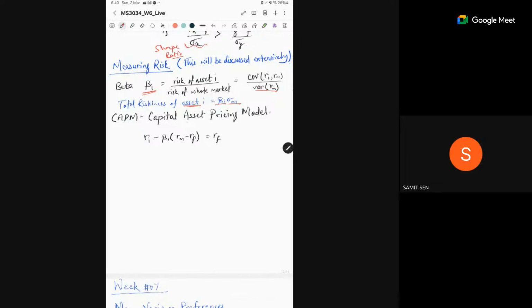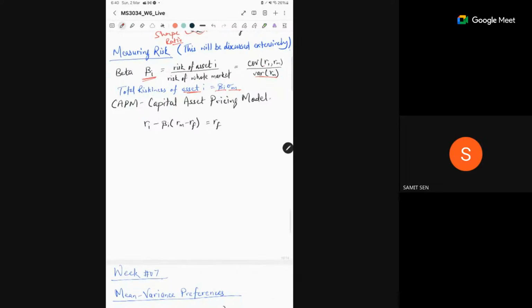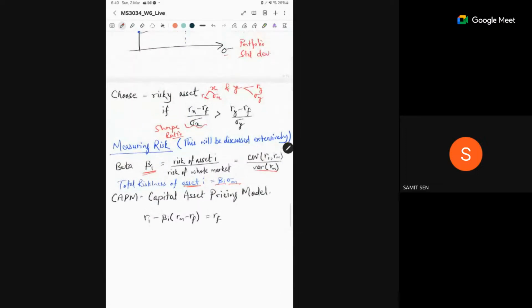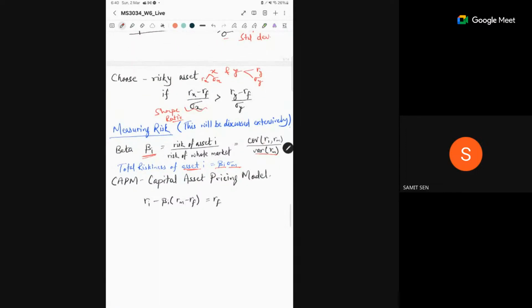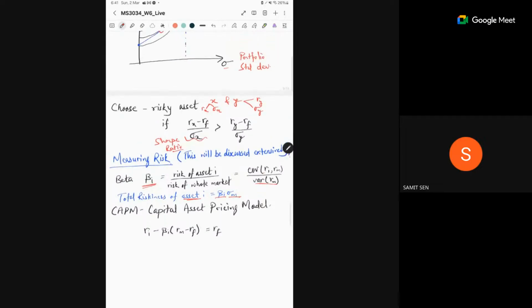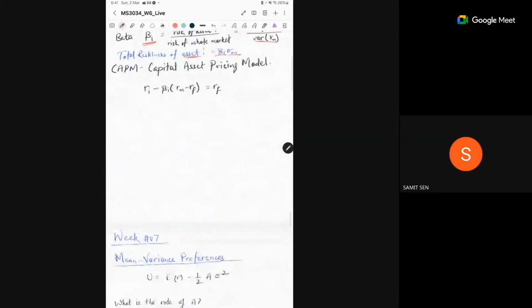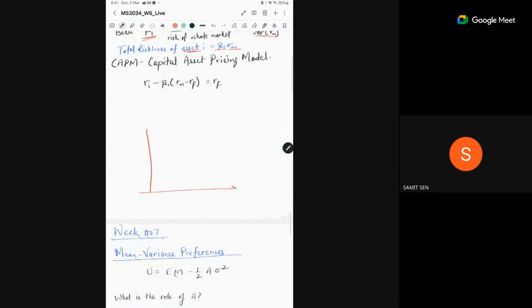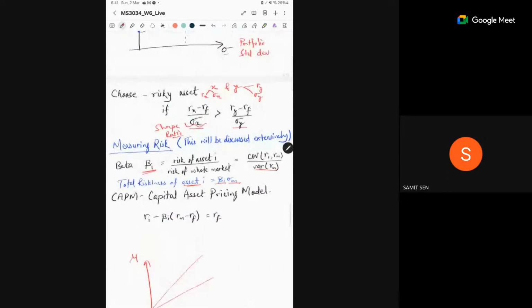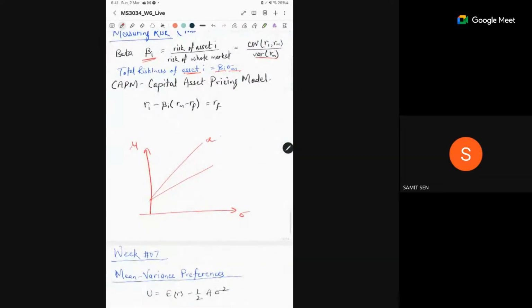Now the one thing I wanted to highlight is how we decide between these two. If you take a look at it, this is the slope of my budget line. So let's take an example. If this was sigma, this was mu, this is my first line, and this is my second line, so this is for x and this is for y, and x is higher. Why does a rational investor prefer x?